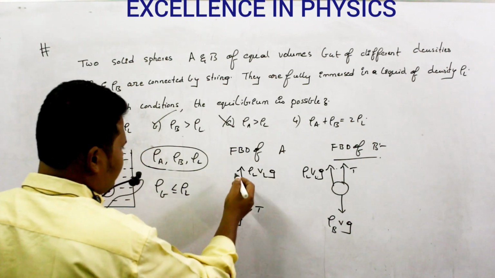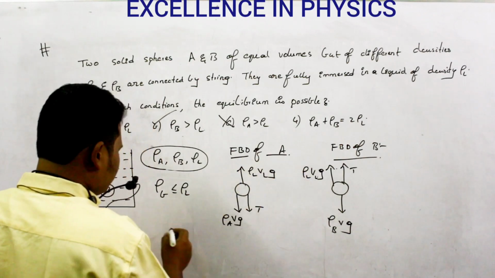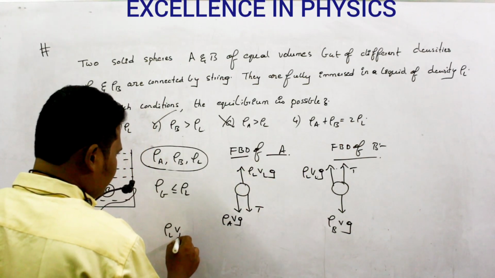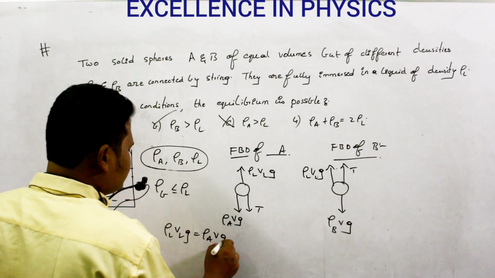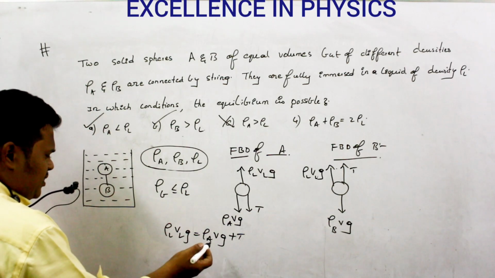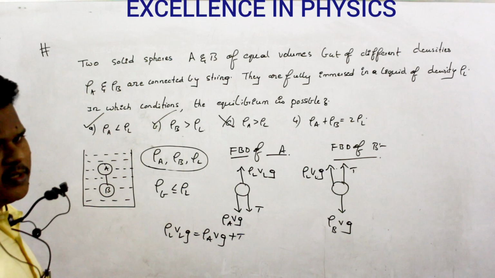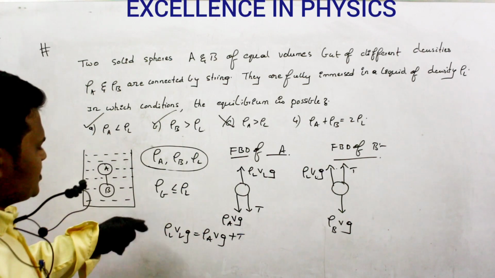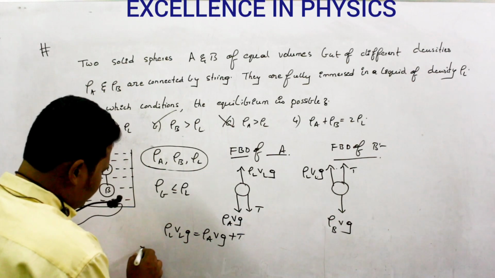If I equate the upward and downward forces for the free body diagram of A, I can write rho L VL g is equal to rho A V g plus T. The volume of liquid displaced and the volume of the body are both equal, because the bodies are fully submerged inside the liquid. So how can I get the T value?